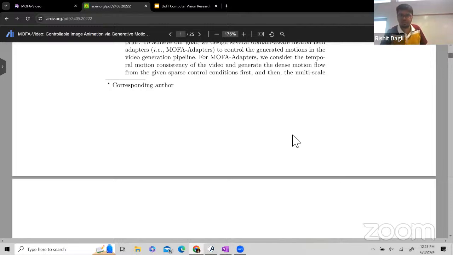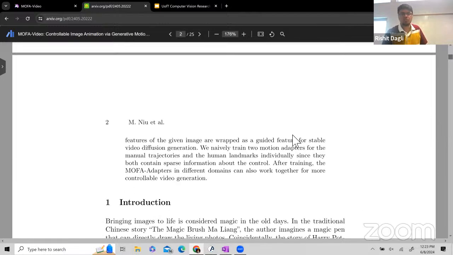So this is the first step. The second step focuses on multi-scale features of the given image. As I told you about multi-scale features, it then uses those multi-scale features as an example for stable video diffusion generation.